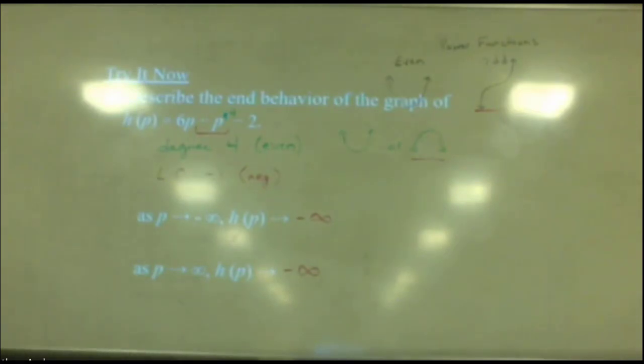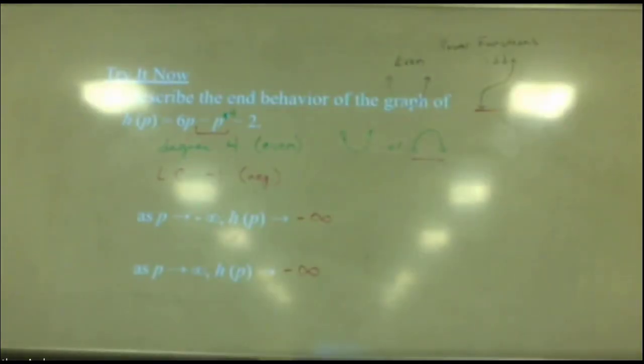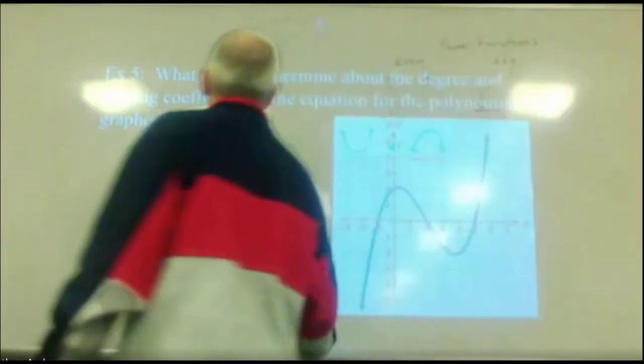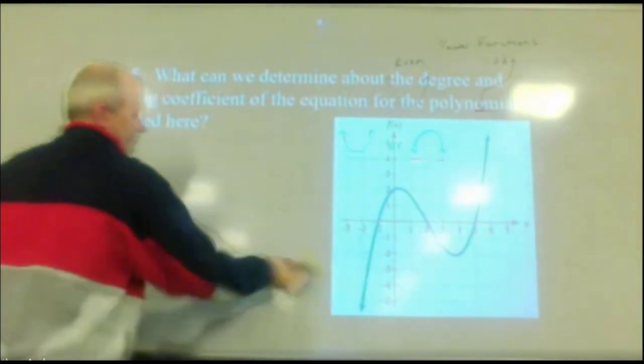Okay, is that making sense? So now if you see one of those, you're going to know what's happening on the left or the right-hand side. Now, let's see what we can figure out about this one based on its graph.